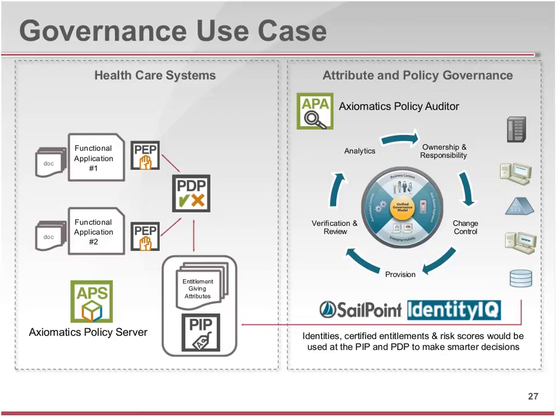So what Identity IQ gives us the ability to do is put strong business-friendly compliance reviews on top of attributes so that we can ensure that the appropriate attribute value or values is assigned to the people, the subjects working within our organization. And then we also have some capability to do policy review itself through the Axiomatics policy auditor, so that we make sure that we're not creating conflicting policy, so that we have at least an administrative lens into what our policies are doing so we don't create conflicts across our multiple policy sets.